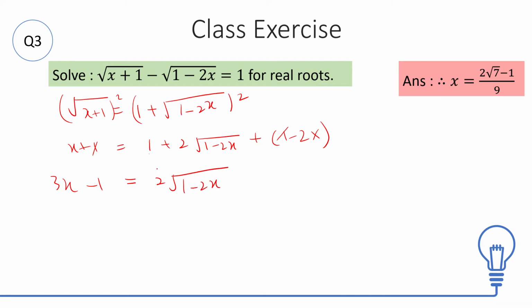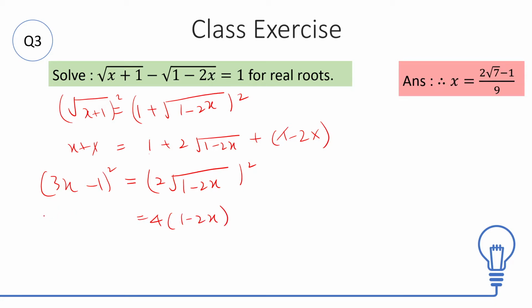Maybe you ask why I never simplified these two. Because when I bring these two to the other side, it becomes dividing by 2. When dividing by 2 and then squaring, it is going to cause me fractions, and I don't like to have fractions. So that's why I keep these 2 over here. So what we do, this one is squaring, this is squaring, this is 4 times 1 minus 2x.